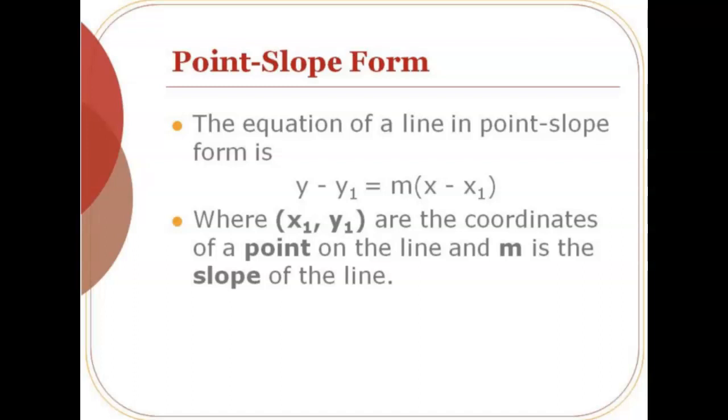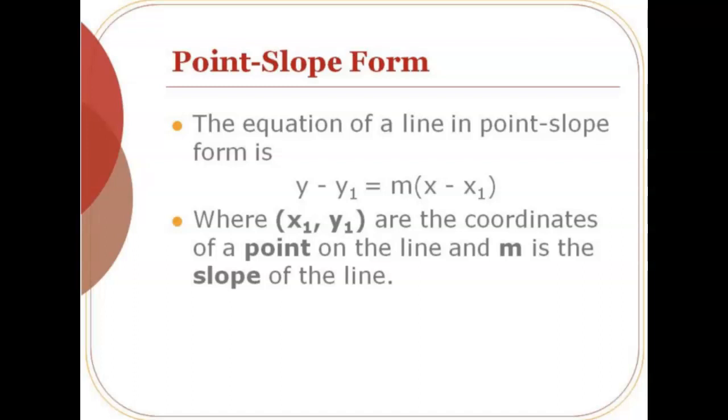Point slope form is where we're given a point and our slope. So it's y minus y1 equals our slope, x minus x1. Your point is x1, y1, and our slope is always m.